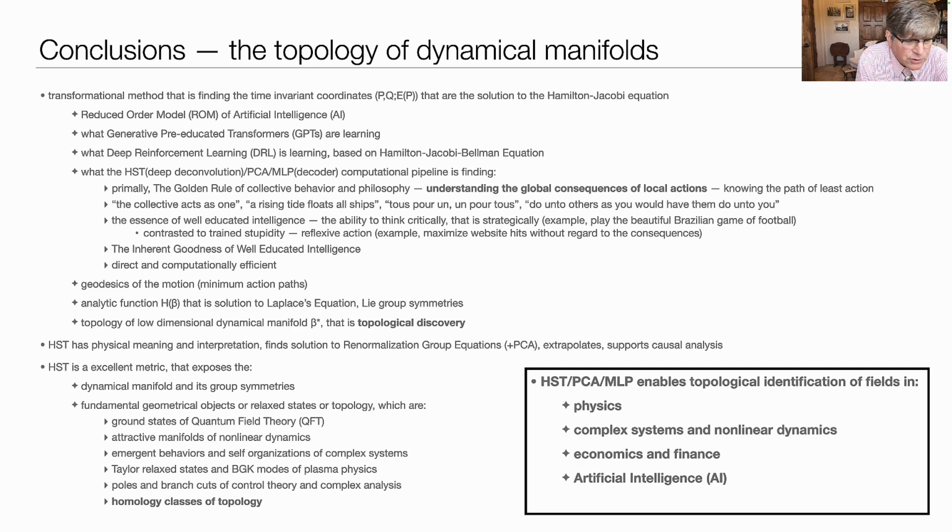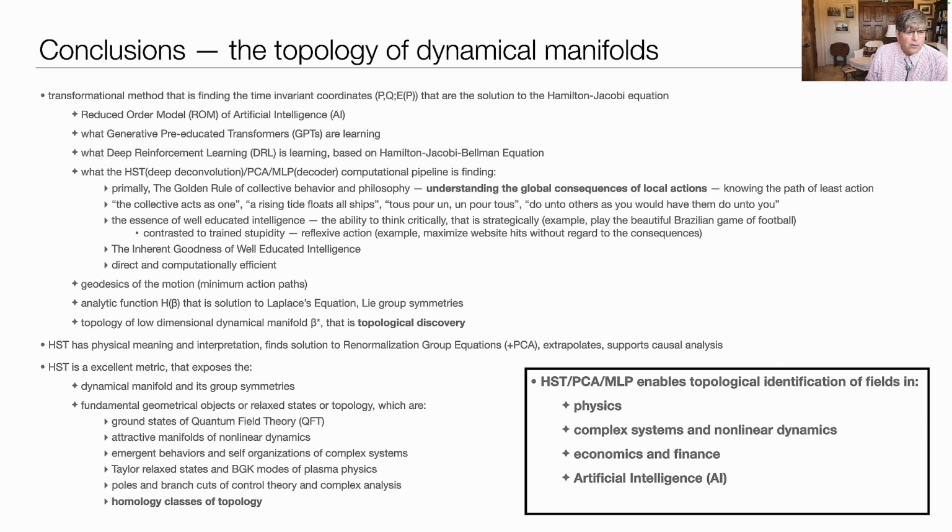And finally, because we frontally designed this in, this particular workflow, in contrast to deep reinforcement learning and generative pre-trained transformers, is direct and computationally efficient, right? This finds the geodesics of the motion, that is the minimum action paths, right? And it then finds, as part of this, the analytic function that is the solution to Laplace's equations, which give these geodesics. But this also gives the Lie group symmetries at the kernel of the motion of the one that is correlated into the motion of the collective.